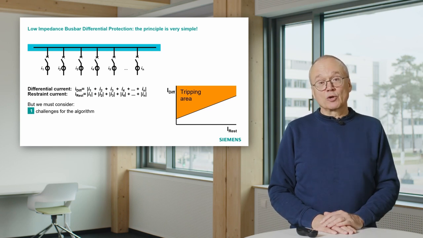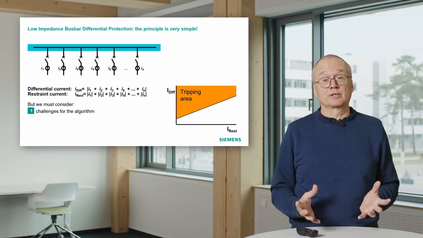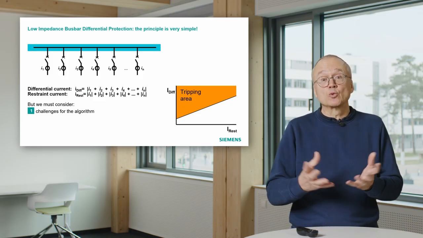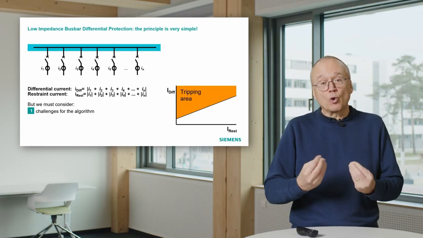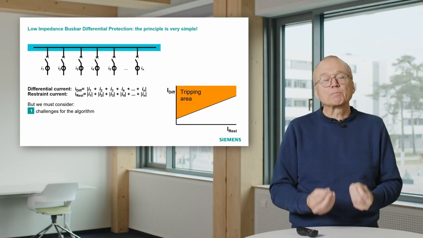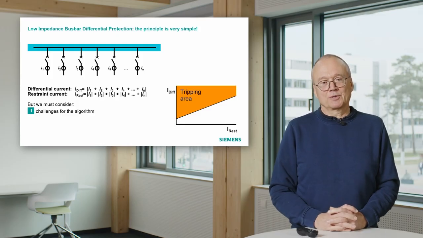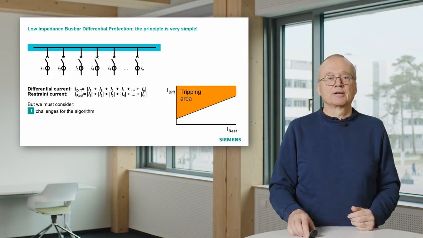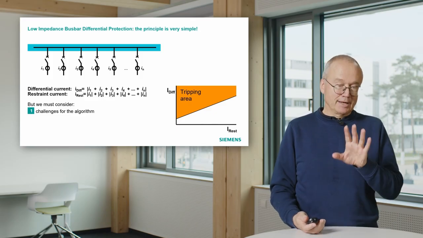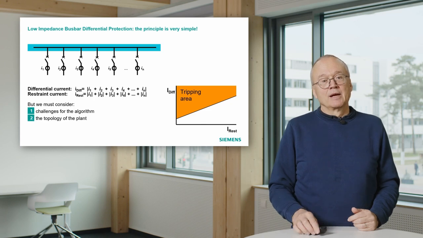If you have a wrong trip in a busbar protection, you lose many lines. You lose all lines connected to that busbar. That means anything going wrong in busbar protection typically has much higher impact on our power systems. So busbar protection must be handled pretty carefully, and we will see we have some challenges in the algorithm.